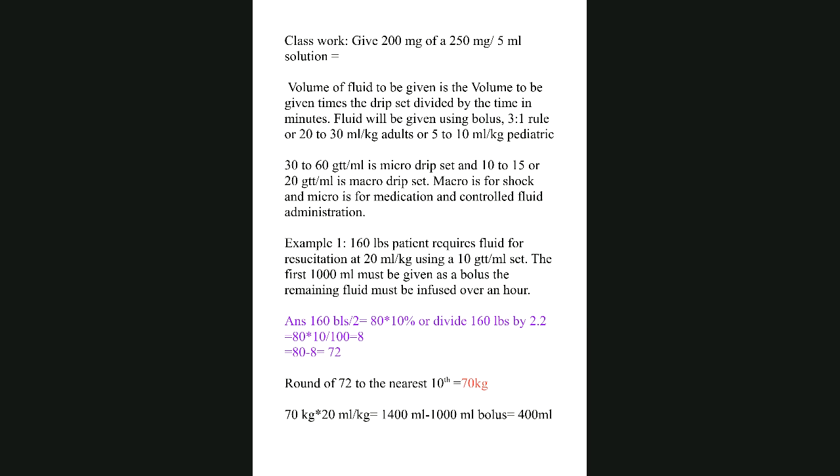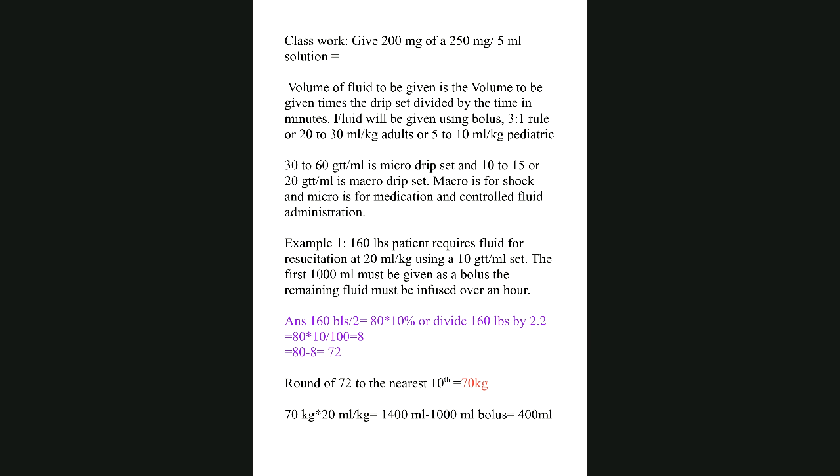Then you subtract that 8 from 80 and you get 72, and you round it off to the nearest 10, because that is easier to work out in terms of giving the patient fluid, because we don't have an infusion pump or a machine that we can be very specific with, right? So we round that down to 70, because 72 is less than 75, right? So we round that down to 70.